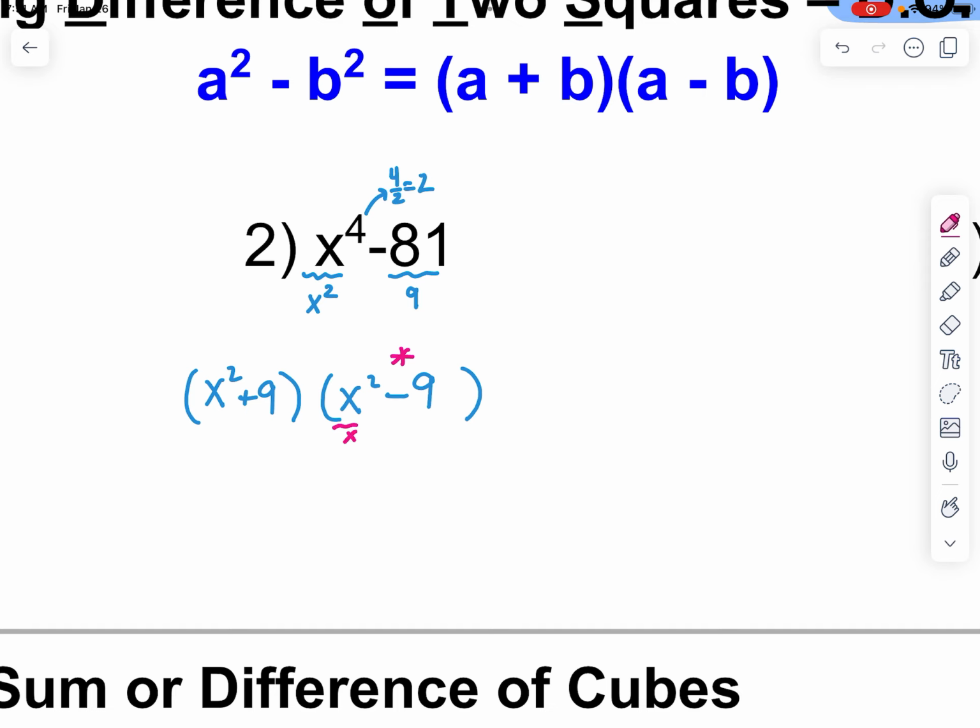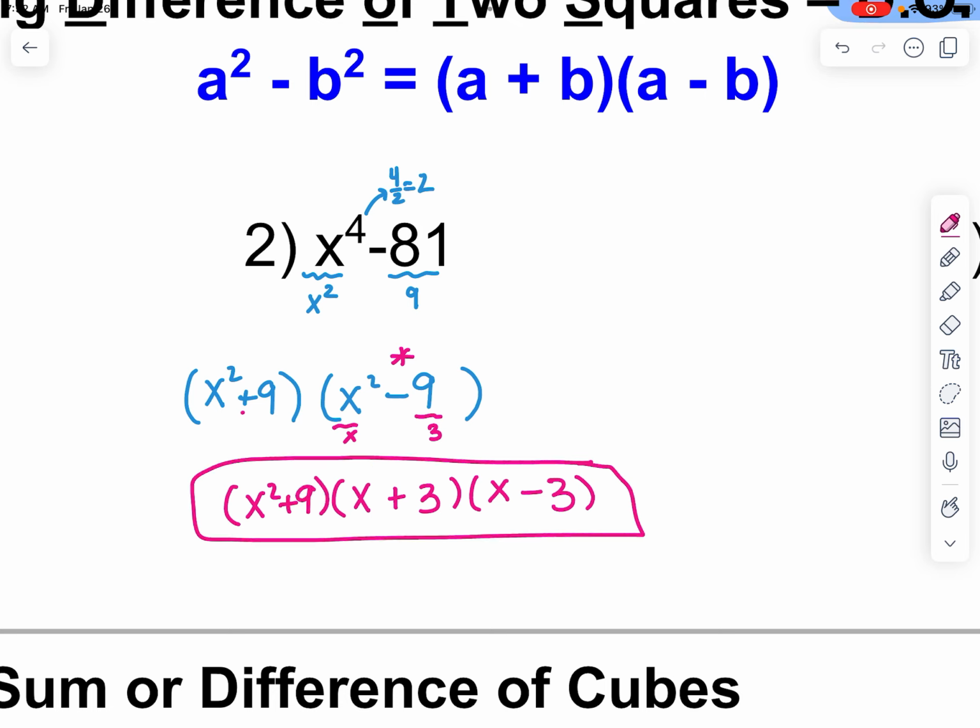X squared, the square root is x. 9, the square root is 3. So we get x plus 3, x minus 3. Now the x squared plus 9, we can't do anything because it's addition and not subtraction. And so we're just going to bring x squared plus 9 down, and here is our factored form.